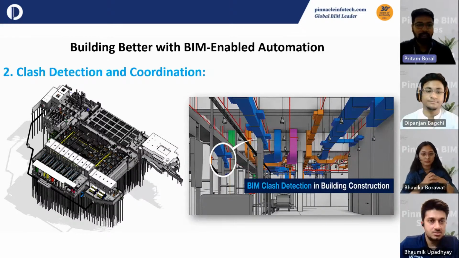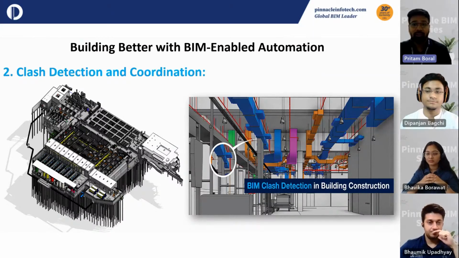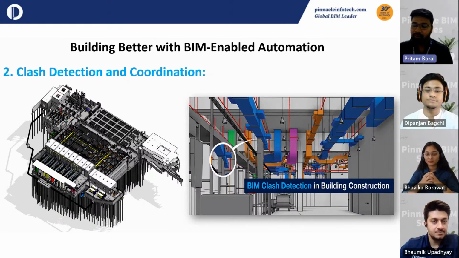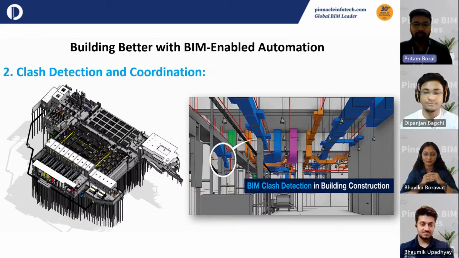BIM also has effects on clash detection, and it helps us to coordinate among different trades. BIM-enabled automation includes clash detection algorithms that automatically identify and flag the clashes or conflicts between different building elements such as structural components, electrical systems, plumbing systems, etc. It helps to detect and resolve the conflicts early in the design phase.